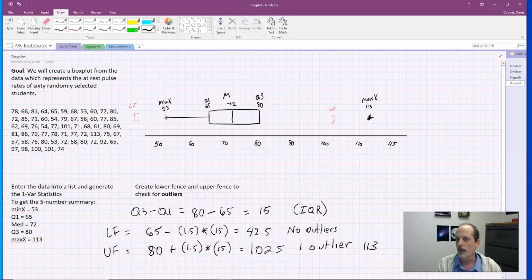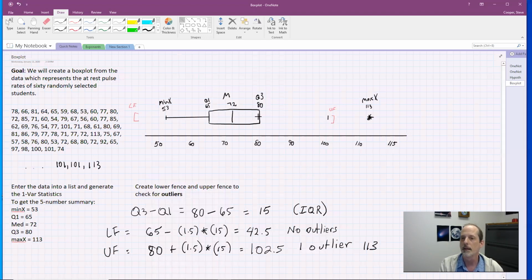Now, we only draw the whisker out to the largest value in our data set that's inside the upper fence. So if we sorted this, we would see that there'd be the 101, 101, and then 113. So 101, which is going to be about right here, is the largest value in our data set that's below the upper fence.